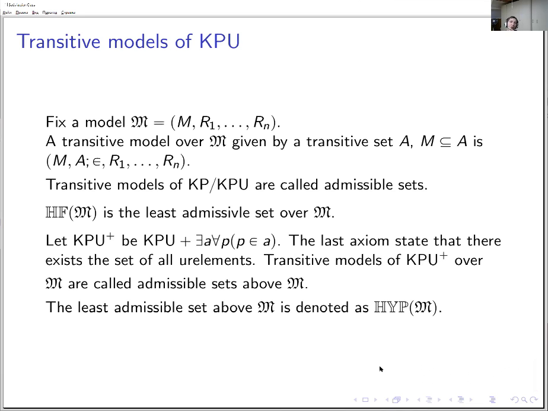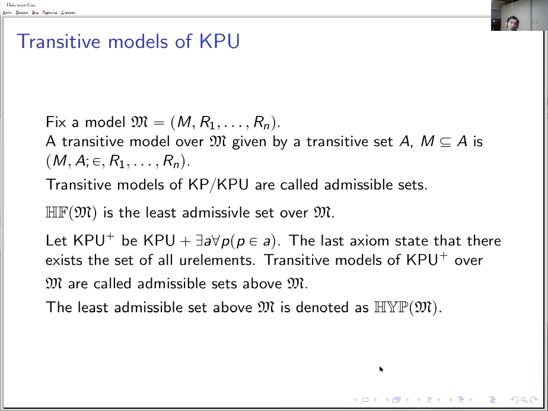We fix some model M. Then we consider the transitive sets such that they contain the whole domain of our model M as urelements, and we also require that there are no other urelements. This gives us the notion of a transitive model over a given first order model.